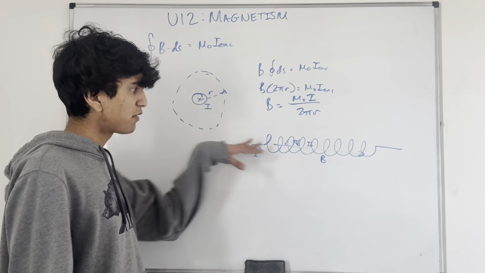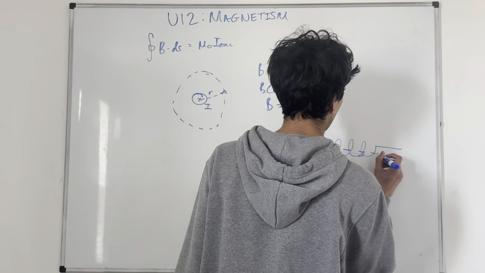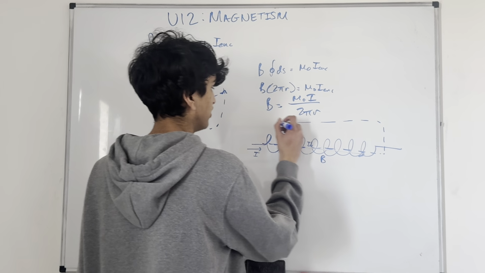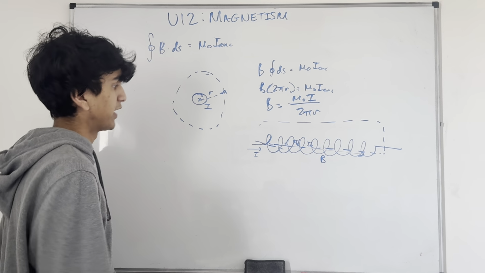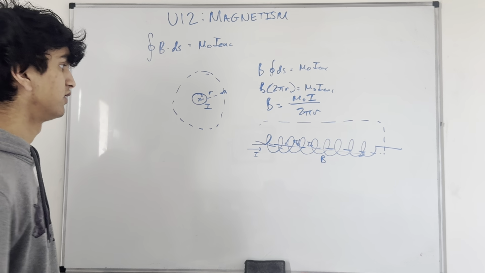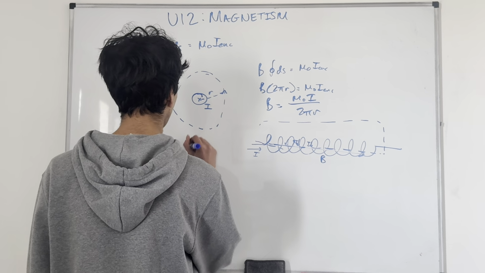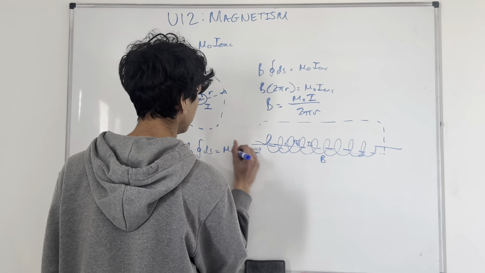But the magnetic field strength, to find it, I could use Ampere's law. I can make a loop that's kind of rectangular-ish, like so. And I know that the magnetic field along this line would be constant. So B times integral ds would equal mu naught times I enclosed.